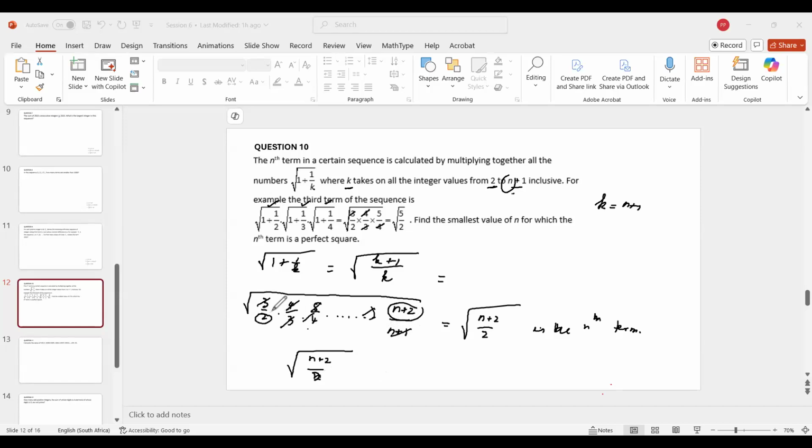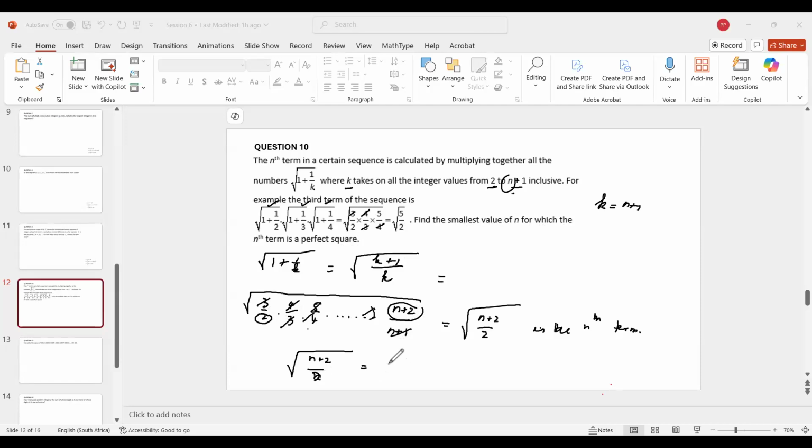That 2 survives. Remember that 2, so all the other ones don't. That one together with this, that's how we had 5 over 2 there. And so you want this to be a square number, the smallest value for n for which the nth term is a perfect square.